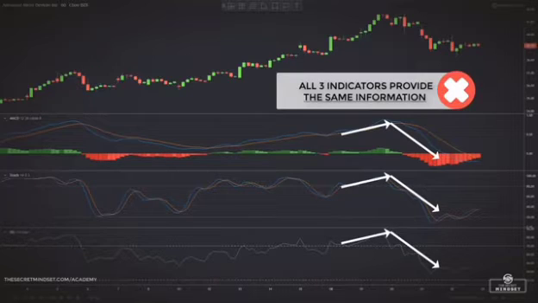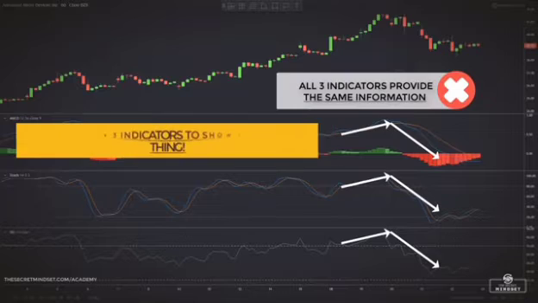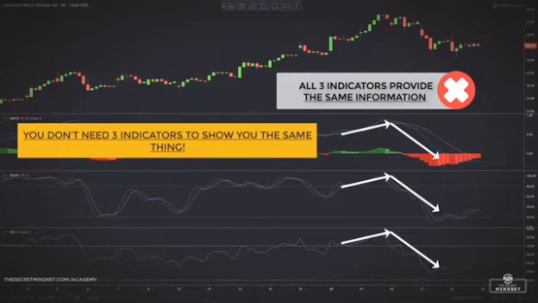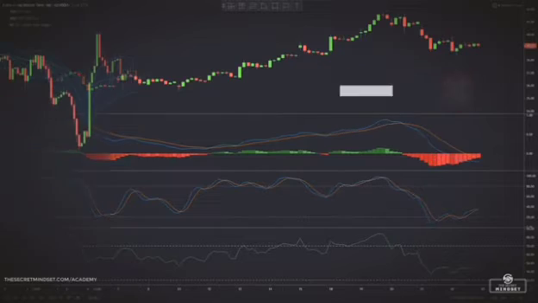So if you trade with a multi-indicator strategy that uses the RSI, the MACD, and the stochastic indicator, you are basically using 3 technical indicators that belong to the same category. These are all momentum indicators that are going to display the same kind of information in one way or another.